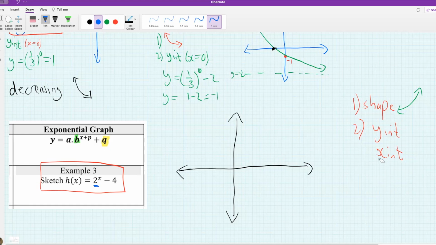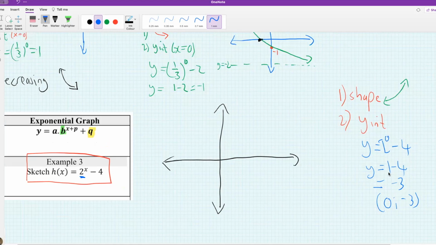And what would the y-intercept be? Well, we can make x 0, so the y-intercept would be -3.